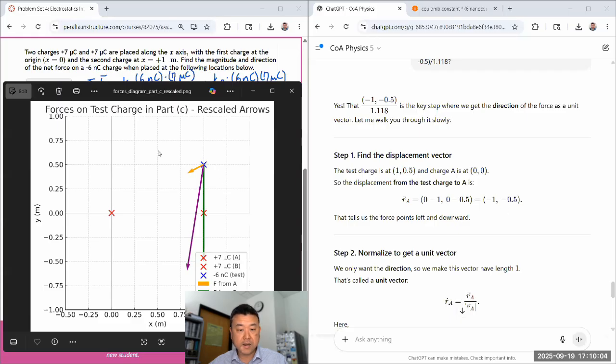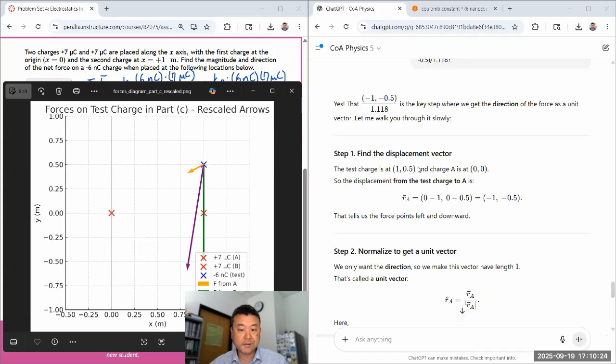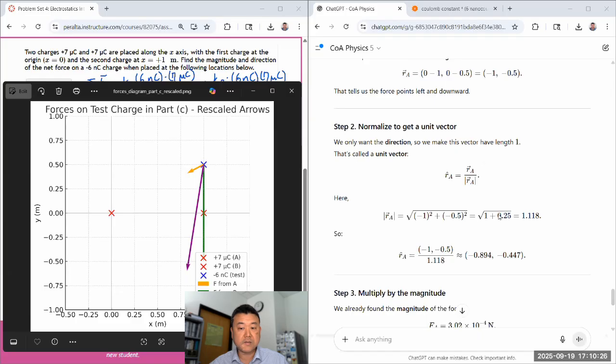And this is the component of the vector that goes from the test charge all the way to the charge A. So minus 1 x component, minus 0.5 y component. Make sure that makes sense. Force points left and downward. And then the division by the 1.118, that's the normalization step. It's dividing by the magnitude of the displacement vector, which calculates to 1.118.